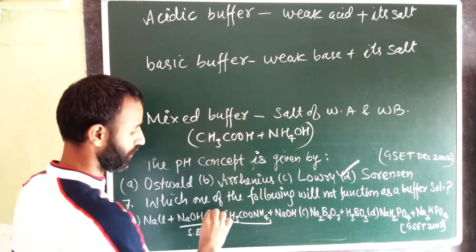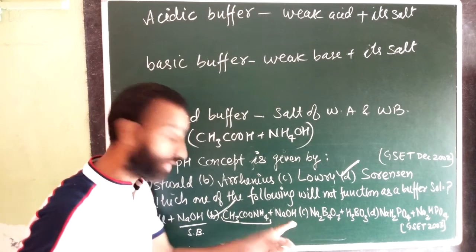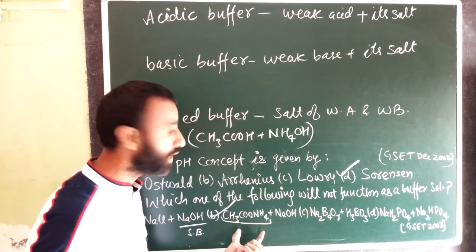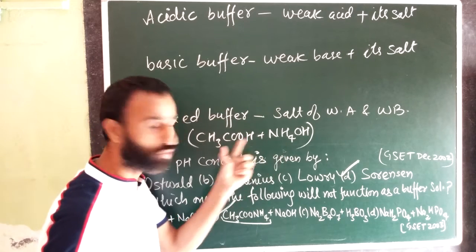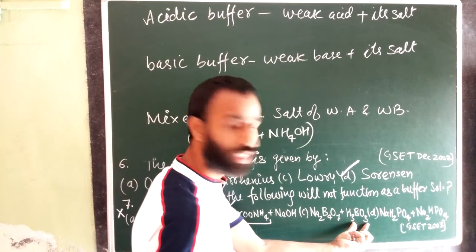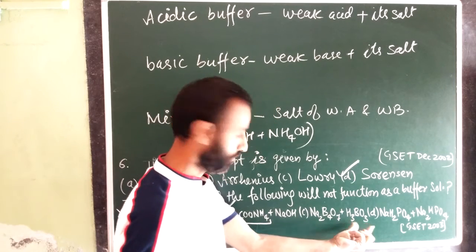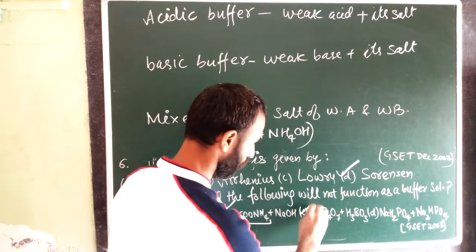That's why it is a buffer. It is itself a salt of weak acid and weak base, so it is a buffer. Next, boric acid is a weak acid and it has a salt, so again a buffer.